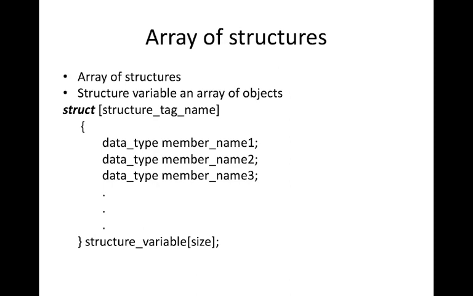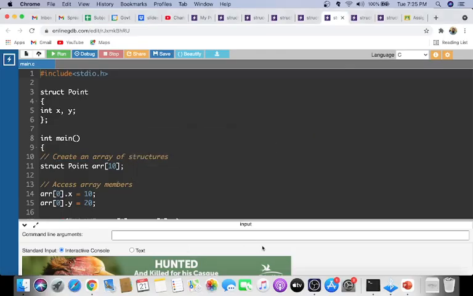Like int a[10], then you can use a[0], a[1]. Similarly, s[10] is an array of structures. s[0] will be the first structure element, then s[1] will be the second structure element.